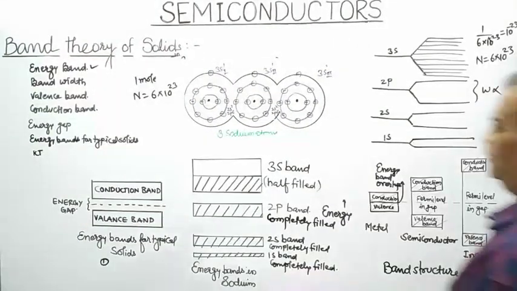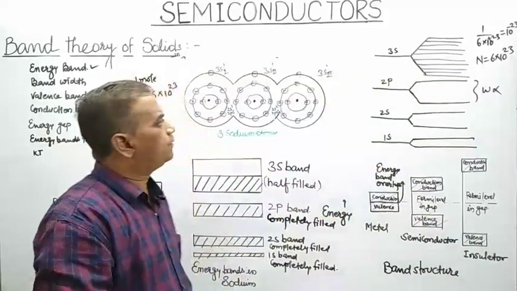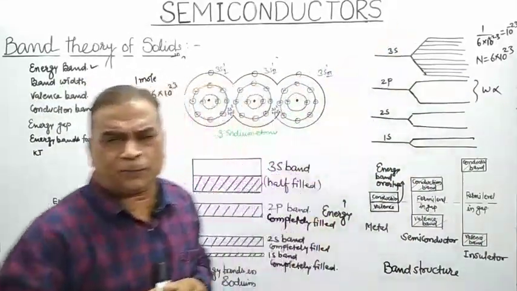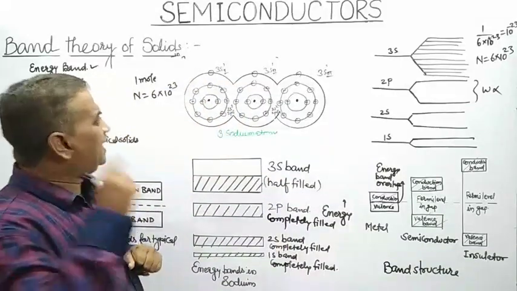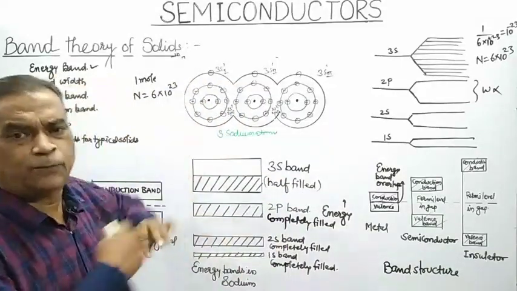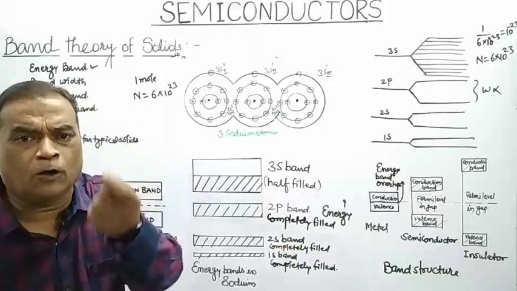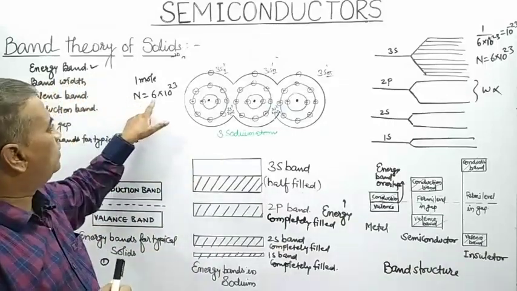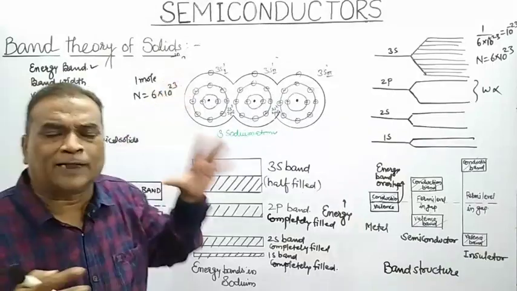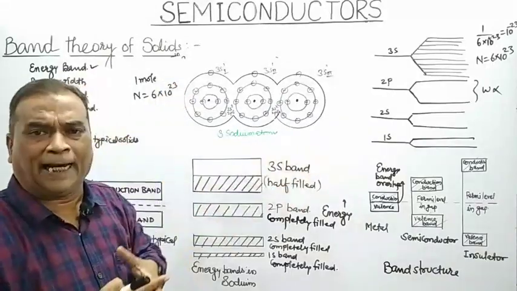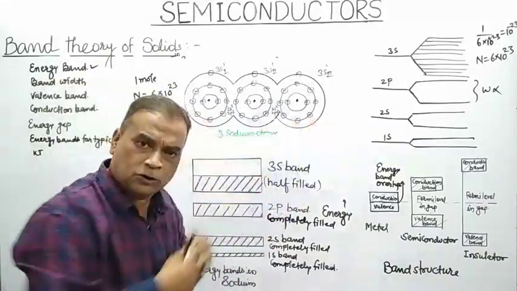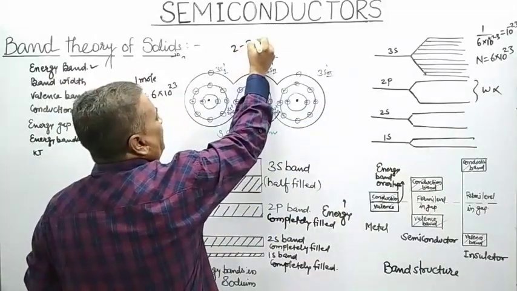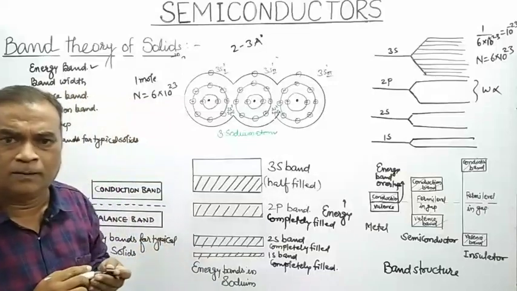So now we know very well how the splitting of energy level into sub-levels will take place. As we know, during the formation of 1 mole of sodium solid, N equal to 6 into 10 to the power 23 sodium atoms come close together such that their interatomic spacing is within the range of 2 to 3 angstrom.